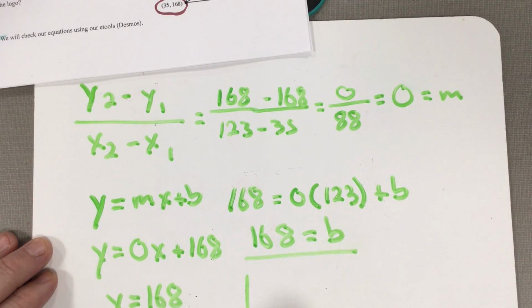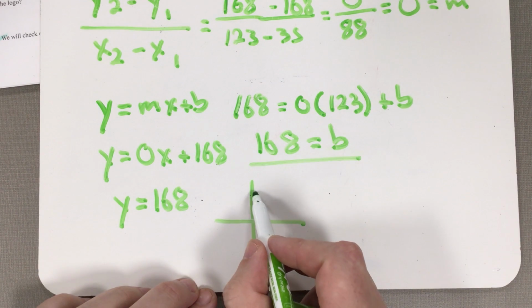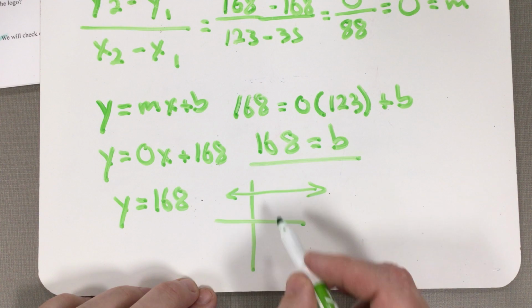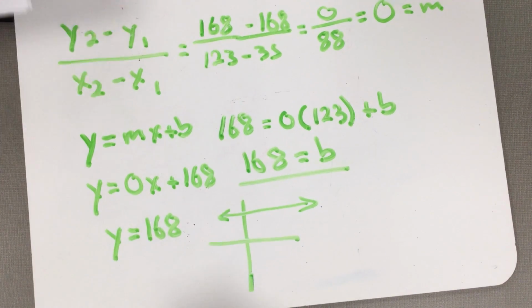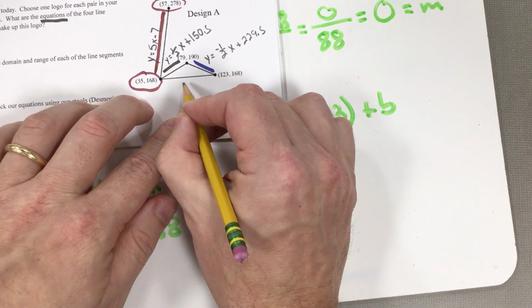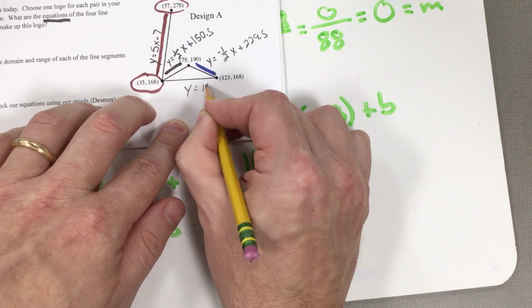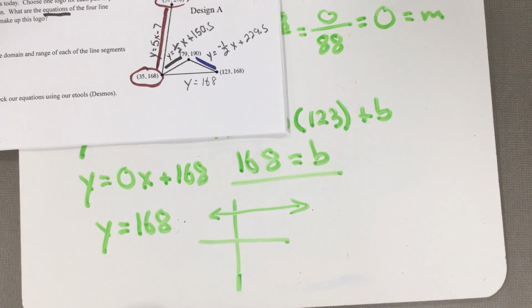If I was putting this on a graph, I would go up to 168, and it's going to go straight across. So that's my third and final one. And I can write that in here. Y equals 168. So that's all you have to do for 88.